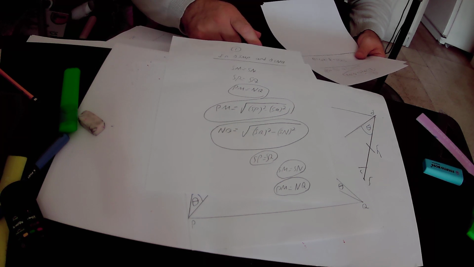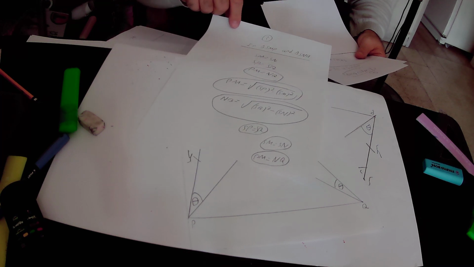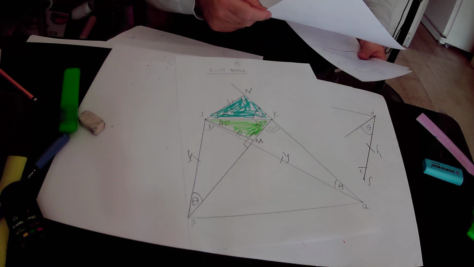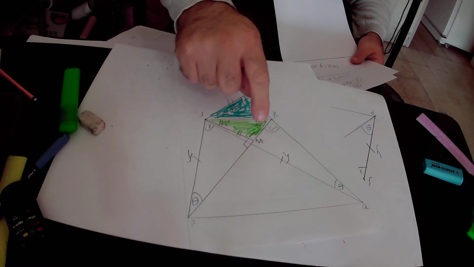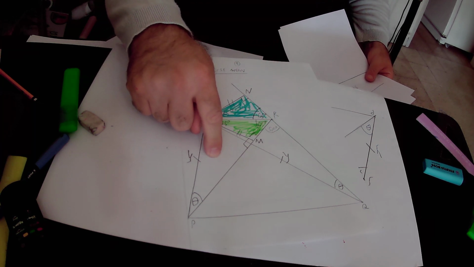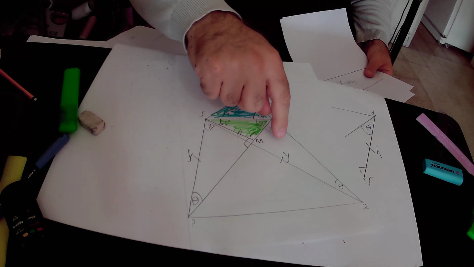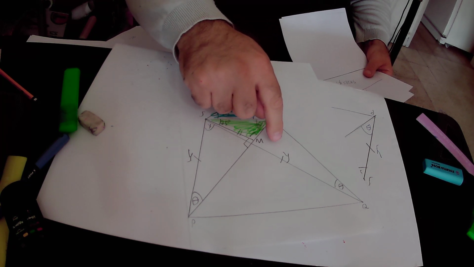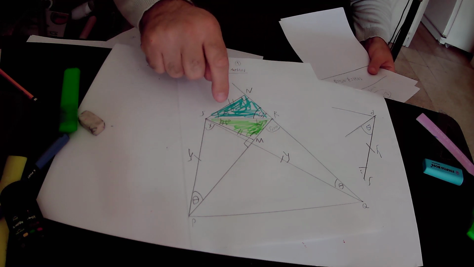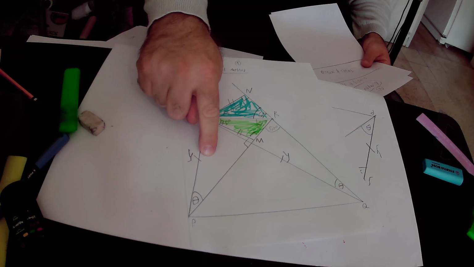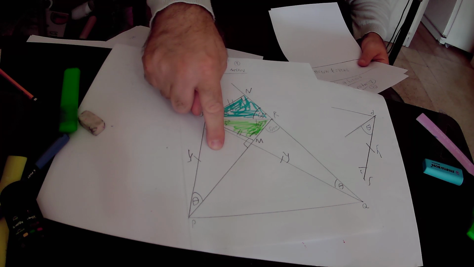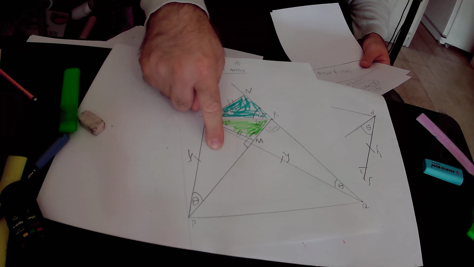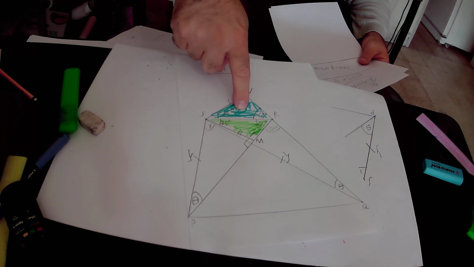Therefore, we proved that the right triangle SMP is congruent to the right triangle SNQ, according to the side rule.